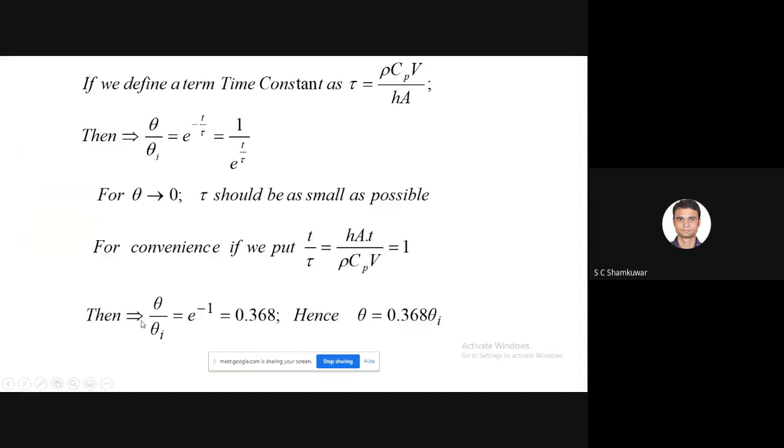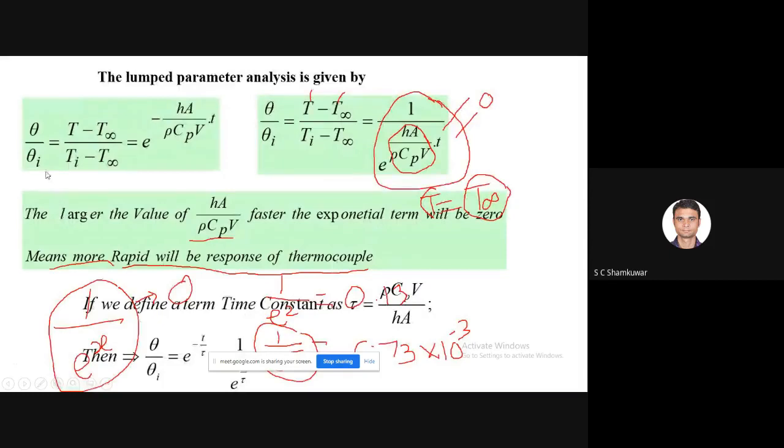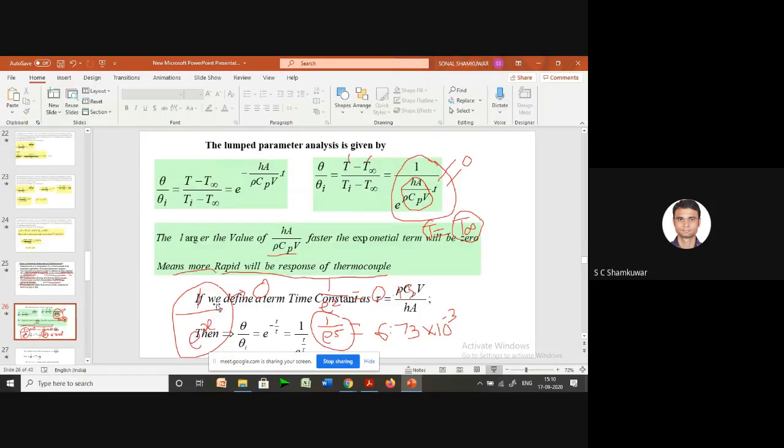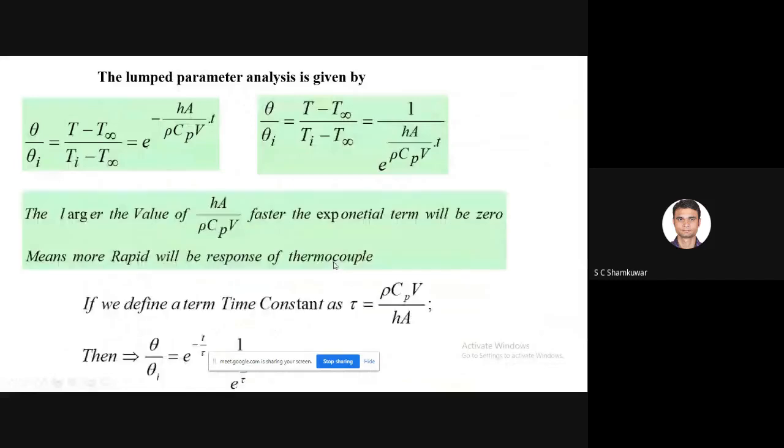So therefore, this term should be 0. What we are doing is defining the reciprocal of this, rho CpV by HA, as the time constant tau.